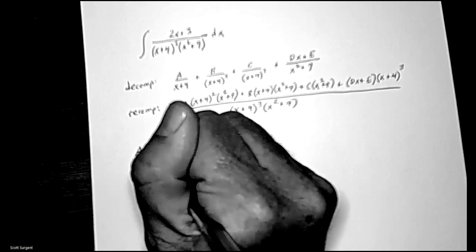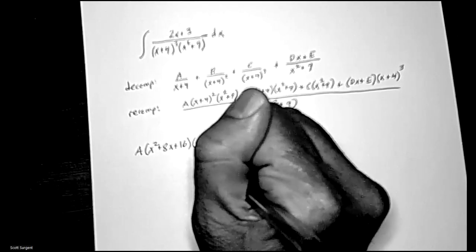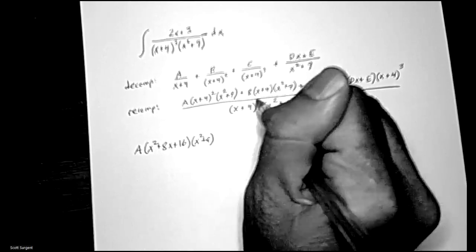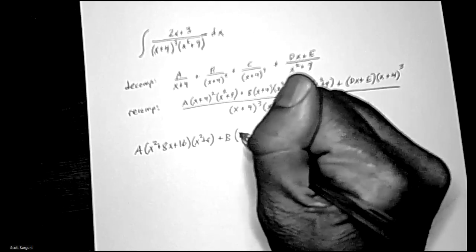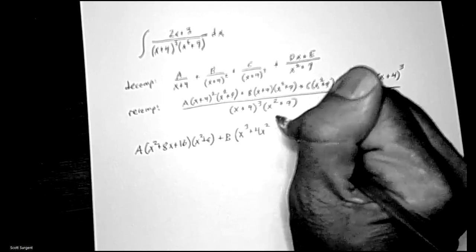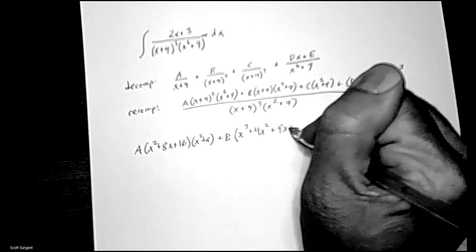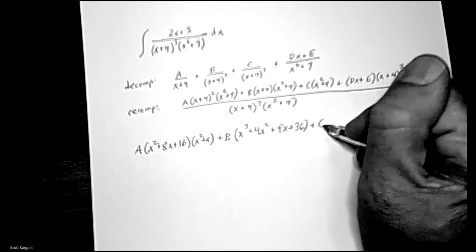This x plus 4 squared is actually x squared plus 8x plus 16. Then we have the x squared plus 9. This with the B, I'll go ahead and FOIL it right now. It's x cubed plus 4x squared plus 9x plus 36. I'll leave the C alone.